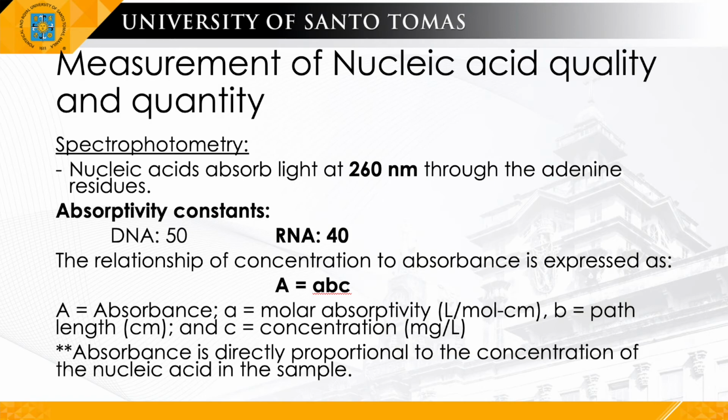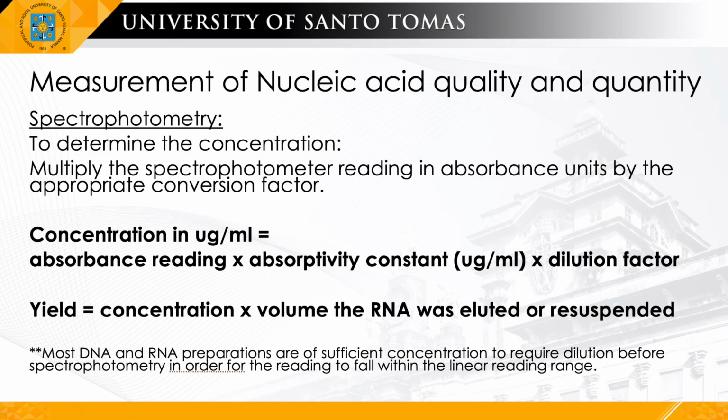The big A stands for absorbance, the small a stands for the molar absorptivity, B for the path length, and C for the concentration. Remember that the absorbance is directly proportional to the concentration of nucleic acid in the sample. The more nucleic acid there is, the higher the absorbance. So to determine the concentration, we have to multiply the spectrophotometer reading in absorbance units by the appropriate conversion factor.